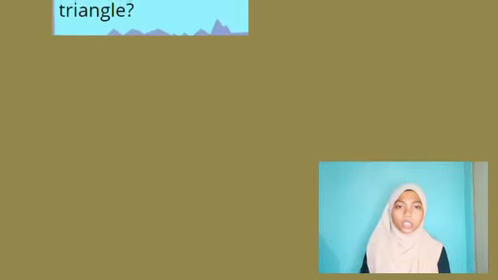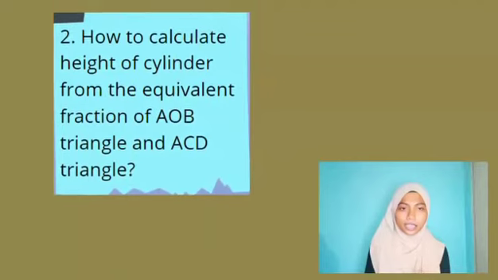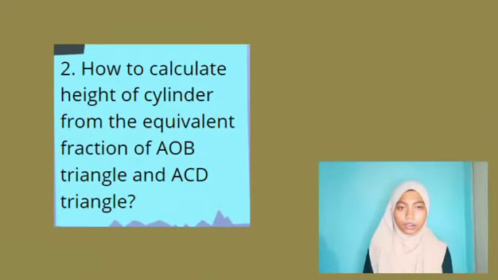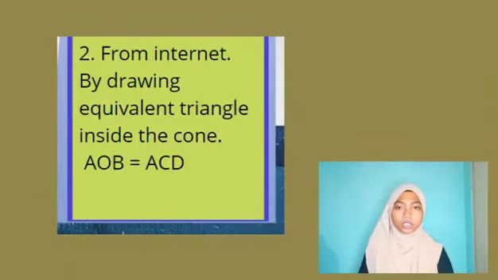The learning issue is how to calculate the height of a cylinder from the equivalent fractions of triangles AOB and ACD. The action is that we need to draw a triangle inside the cone, so triangle AOB will become equivalent to triangle ACD.